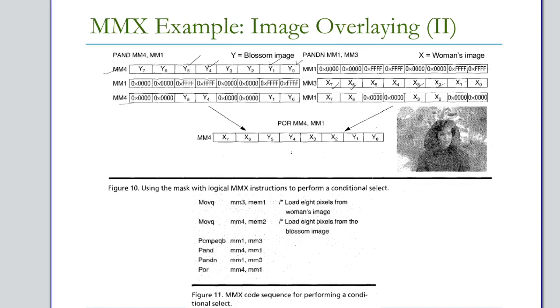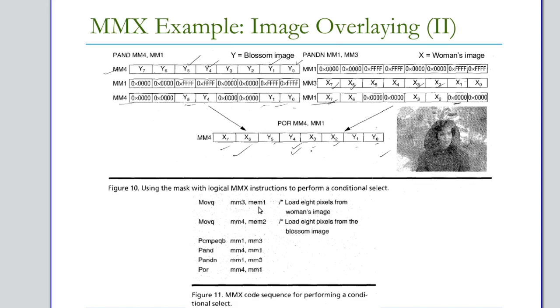So finally, in your final image, you are merging these two things. These values are kept here. Here you are having x7, x6, and then y5, y4, and then x3, x2, and then at this position y1, y0. In this way.